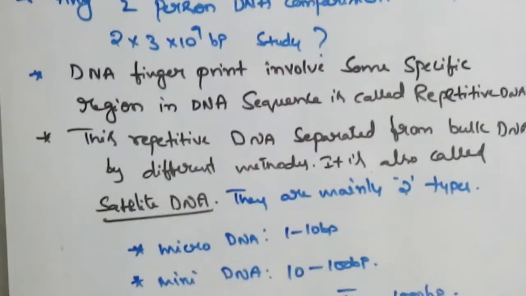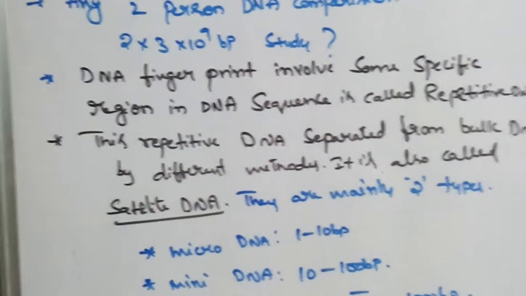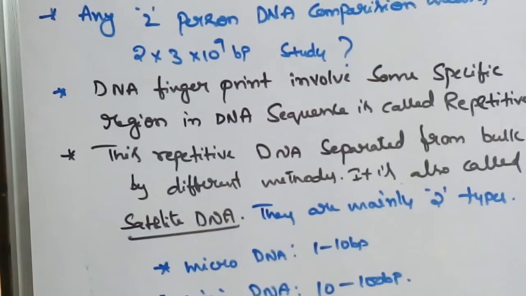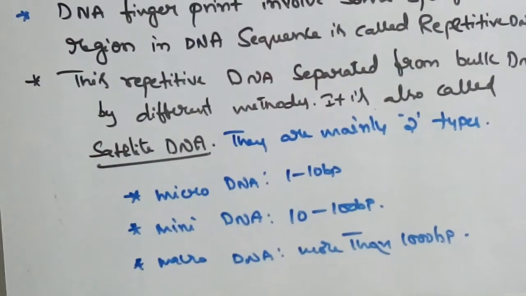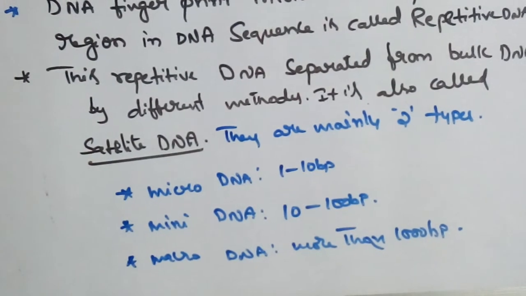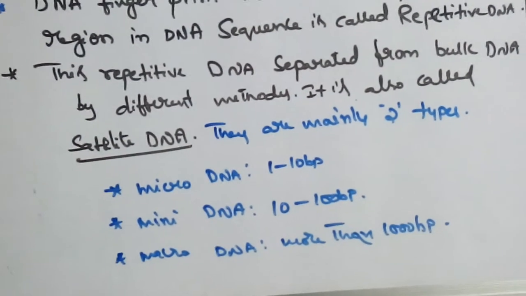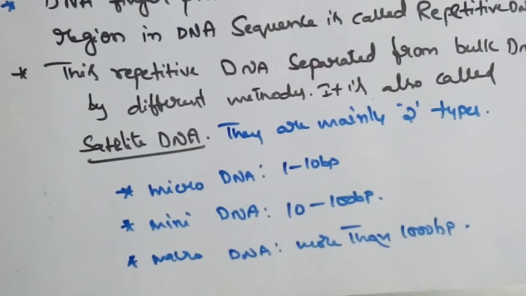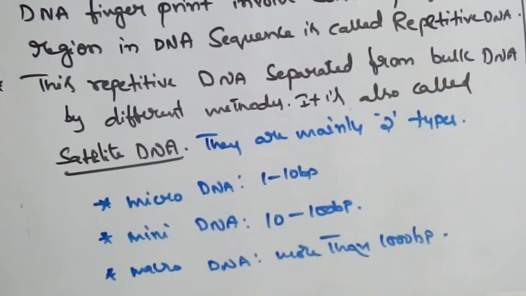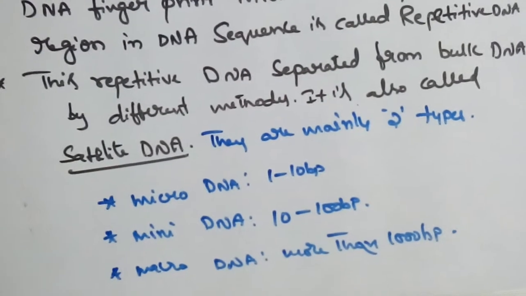Based on the number of base pairs, satellite DNAs are divided into 3 types. Micro DNA is 1 to 10 base pairs, mini DNA is 10 to 100 base pairs, macro is more than 1000. That means that many base pairs are repeating. If 1 to 10 base pairs repeat continuously, it is micro DNA.